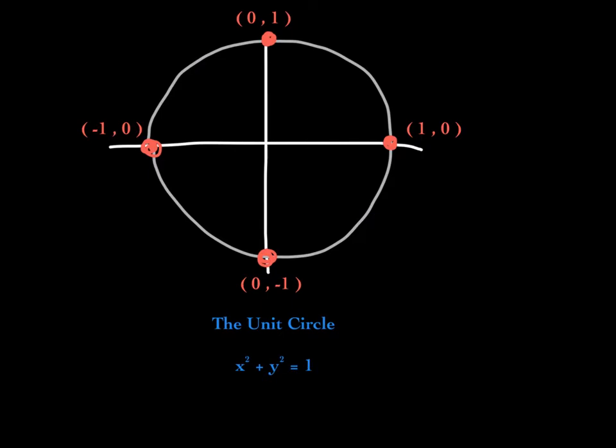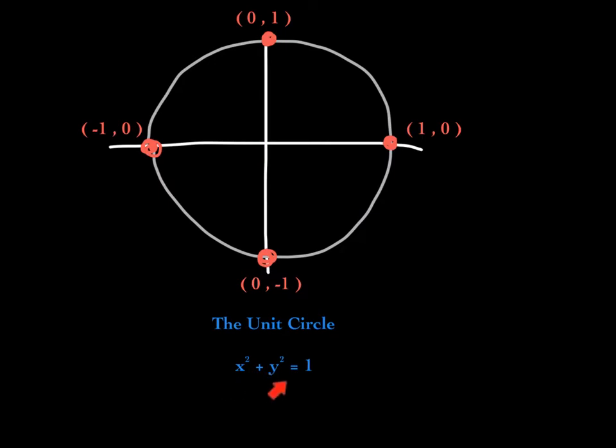And we're going to conveniently superimpose it onto the rectangular coordinate system and place the center of our circle right at the origin of the Cartesian plane. So the unit circle is the circle whose radius is 1 and whose center is 0, 0, the origin.